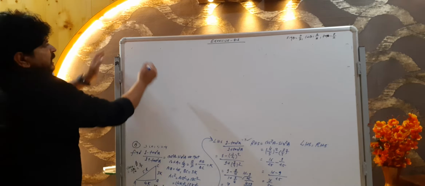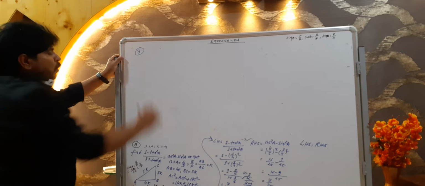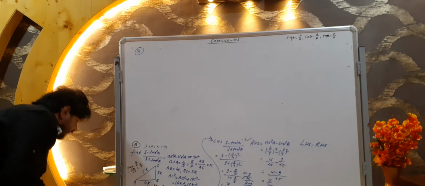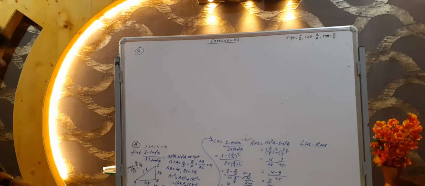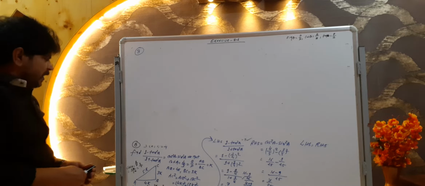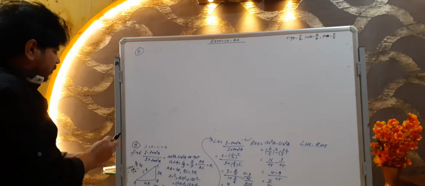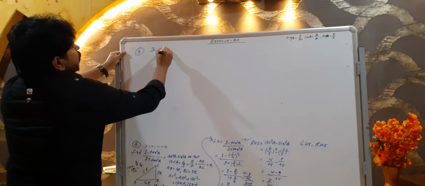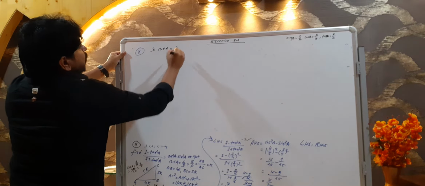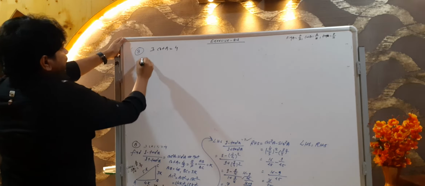Okay, look at the 8th numerical here. What is given in the 8th numerical? Given here is 3 cot A is equal to 4. And what do we have to find?